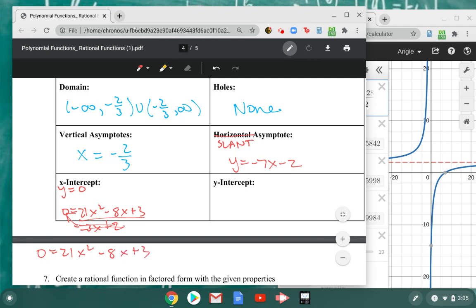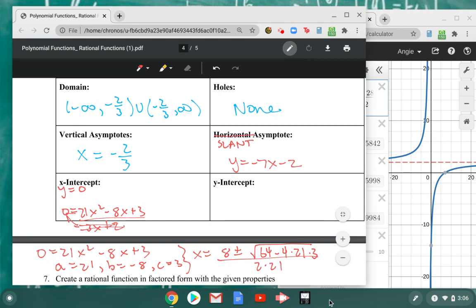I need to find myself two x-intercepts. I'm going to need the quadratic formula here. A is 21, B is negative 8, C is 3. So x equals the opposite of b, which is 8, plus or minus the square root of b squared, 64, minus 4 times 21 times 3, huge, divided by 2 times a, 2 times 21.